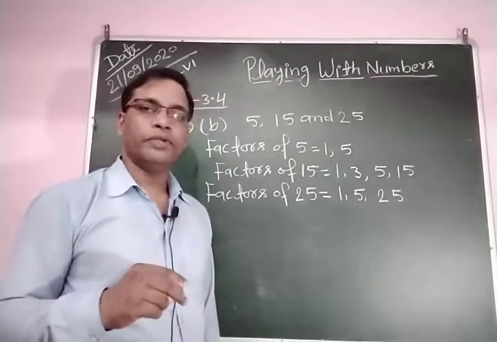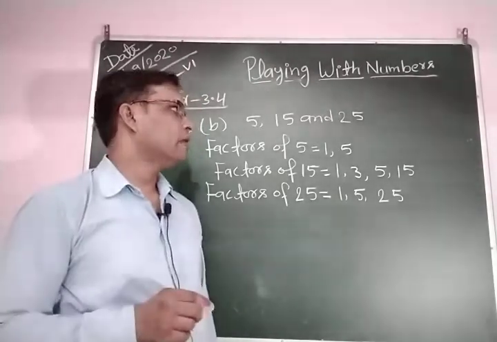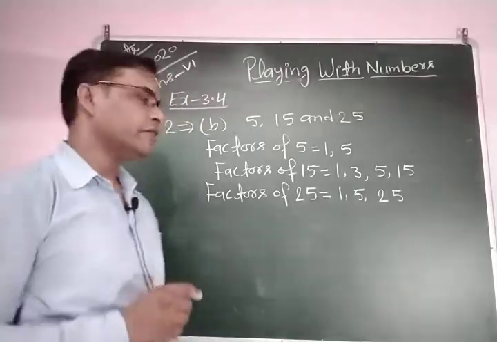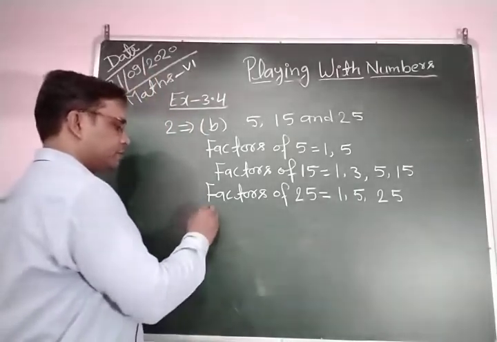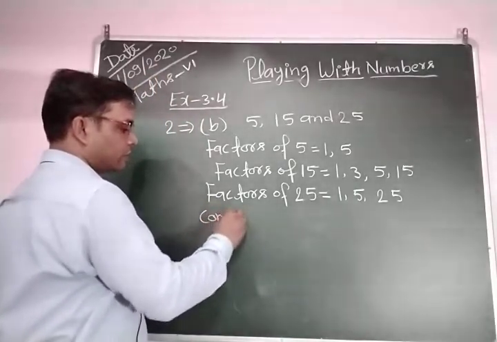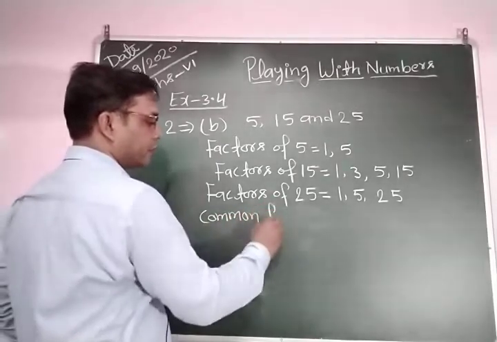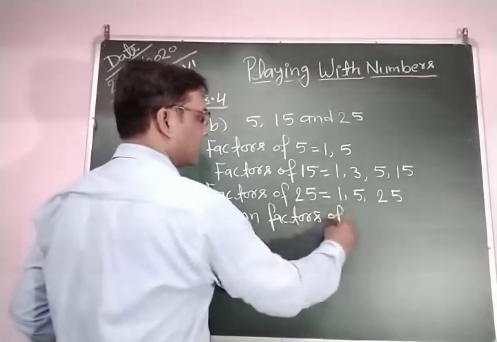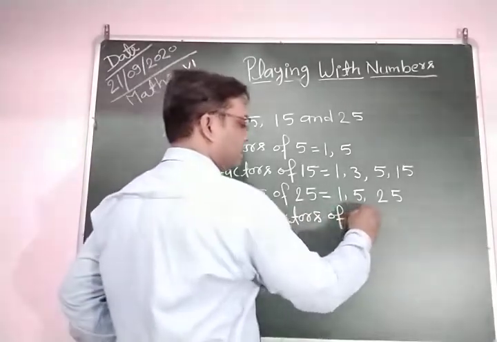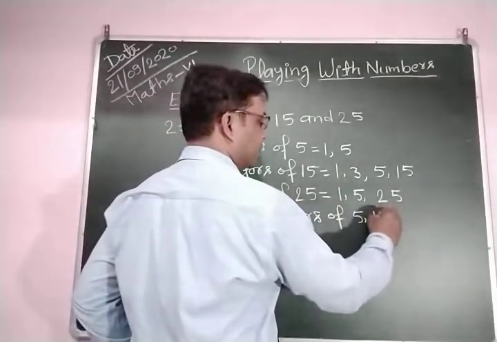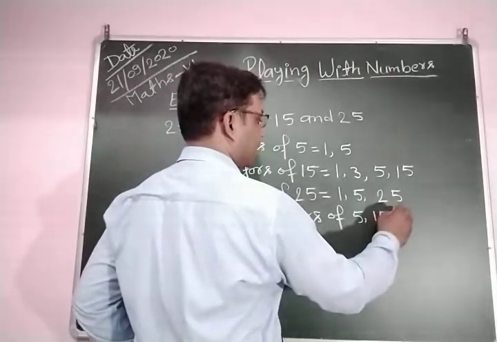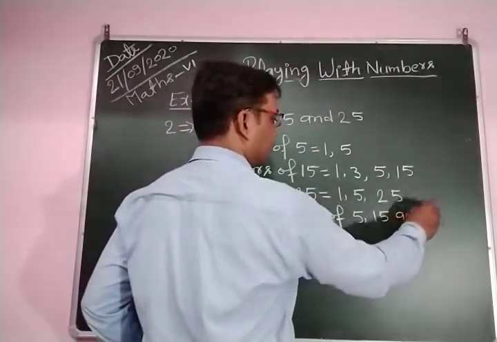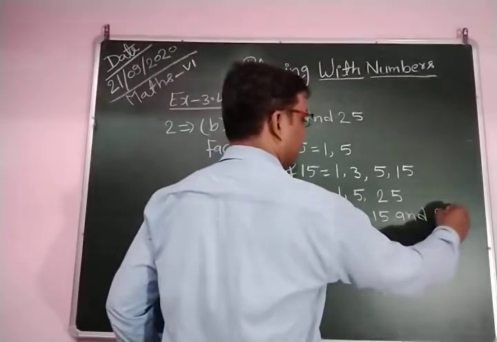So we need to find the common factors of 5, 15 and 25. So here we write common factors of 5, 15 and 25.